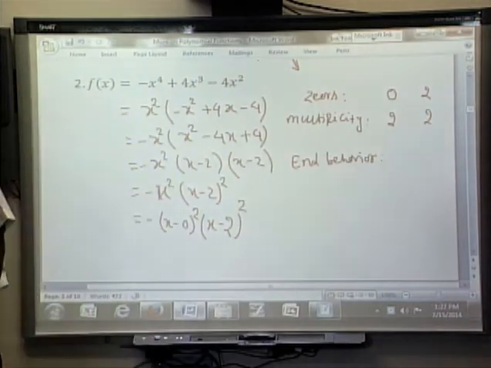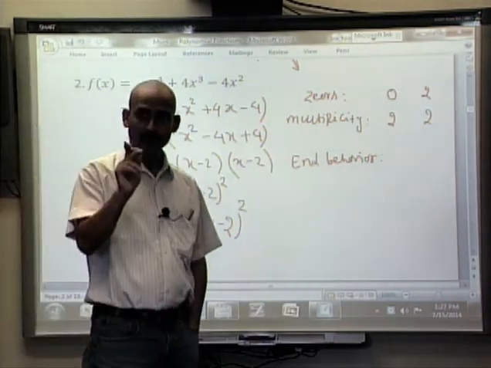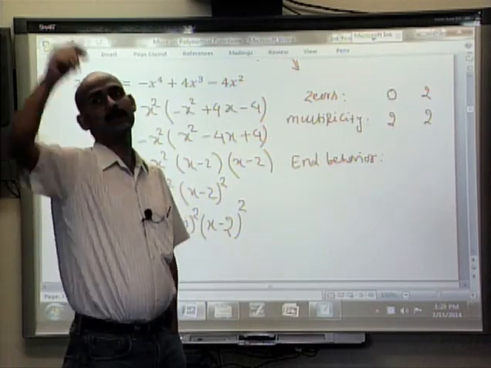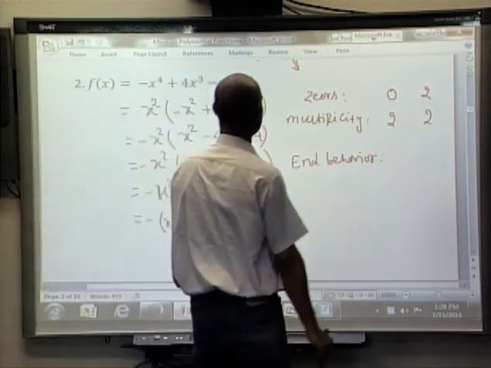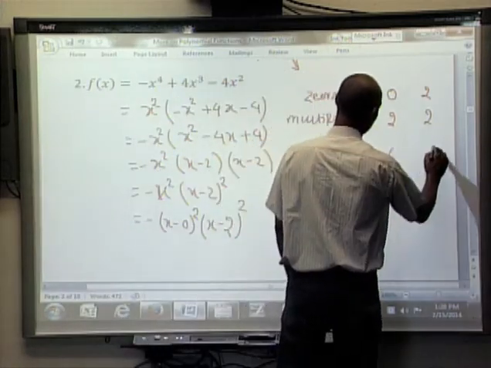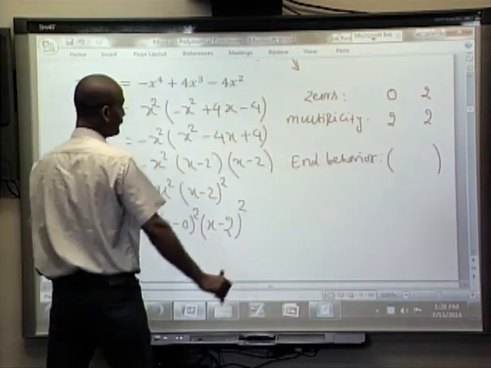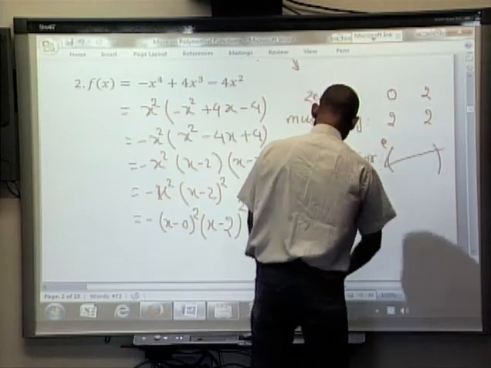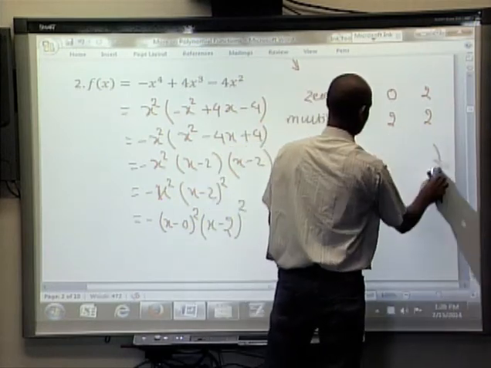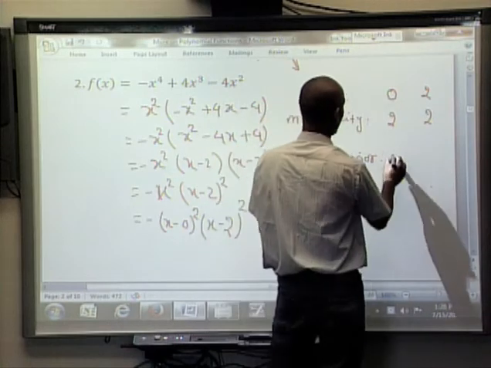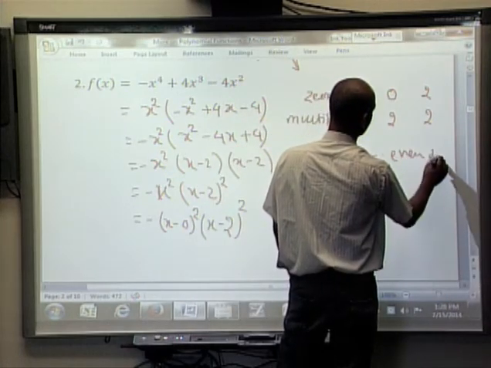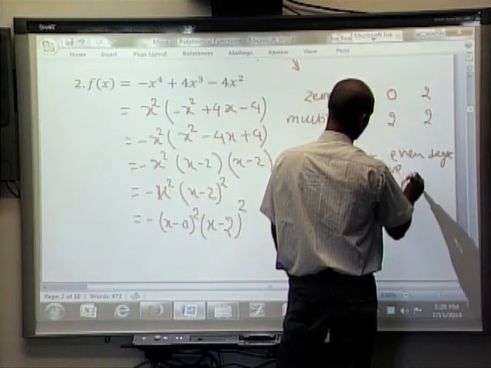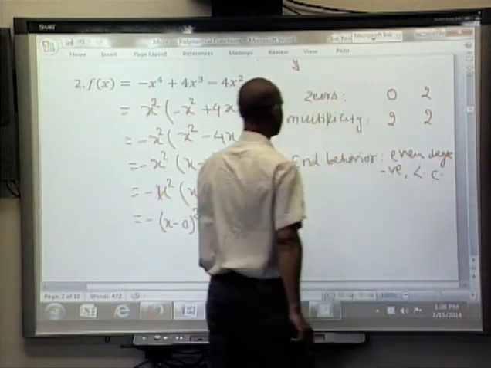Both multiplicities are even. So, at both zeros, the graph cannot cross the x axis, it will just come, touch there, bend back and go the other way. Now, let us think of the end behavior. The degree is even, so this is the situation: we have even degree and negative leading coefficient.